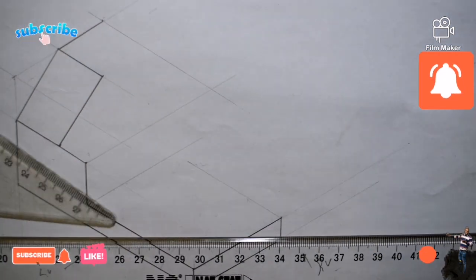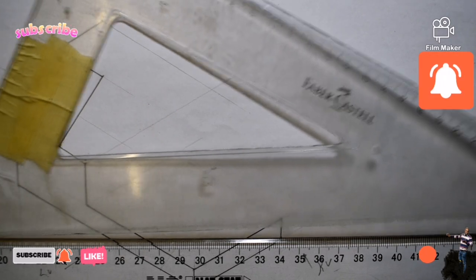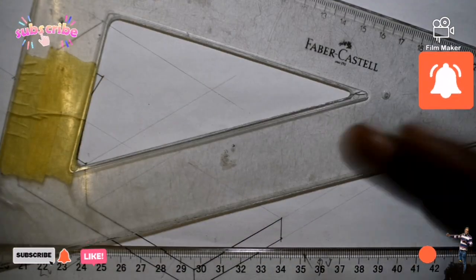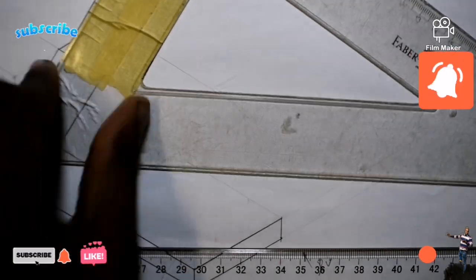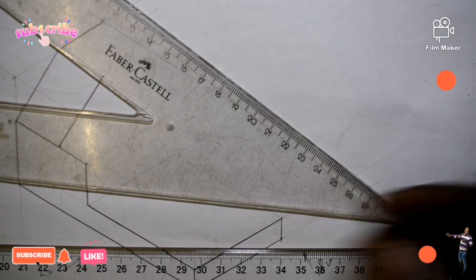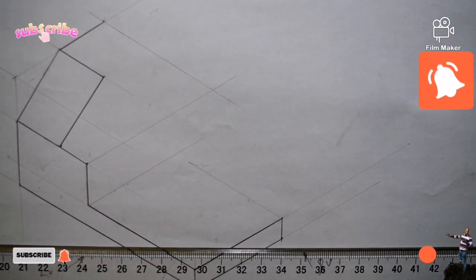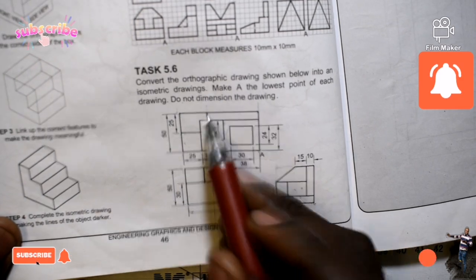I think there were students who were taught using these set squares and they were able to get distinctions. You understand? So don't mind how old it is. So let us go. After I've taken this point at an angle of 30 degrees anti-clockwise, let me look. I will give a dimension from here till there.